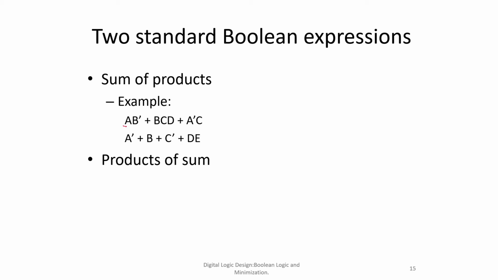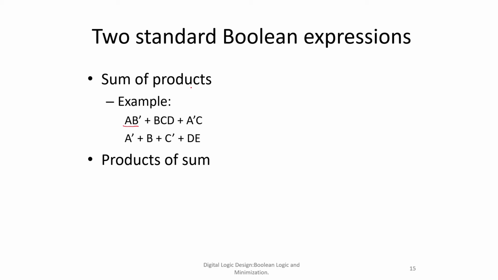Basically one variable, either in the complemented form or in the original form, a or a dash, b or b dash, will form one literal, but when you combine them, so let's say there is an AND operator working over here, this would be called a term. When all the terms are products, and then we are taking the sum, that is, we are doing an OR operation over all these terms, it is called sum of product.